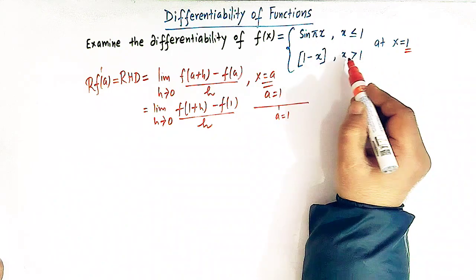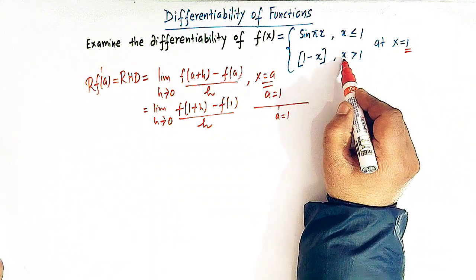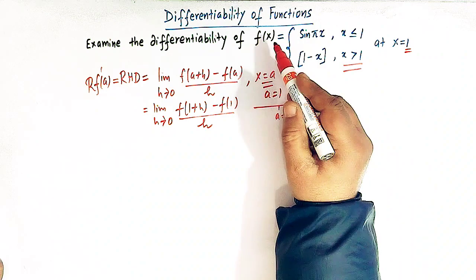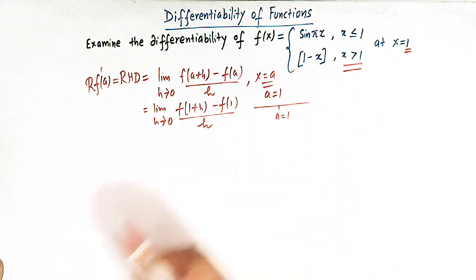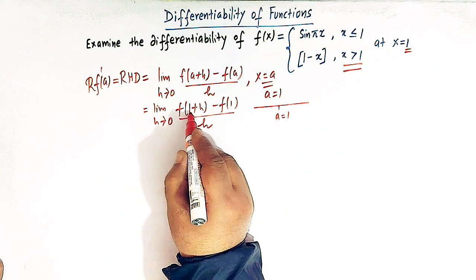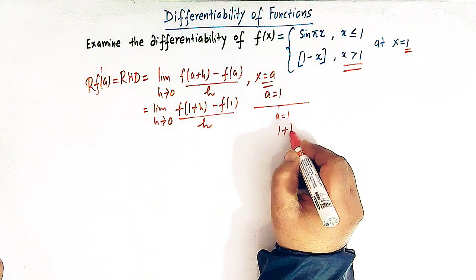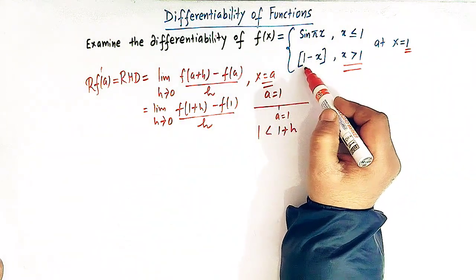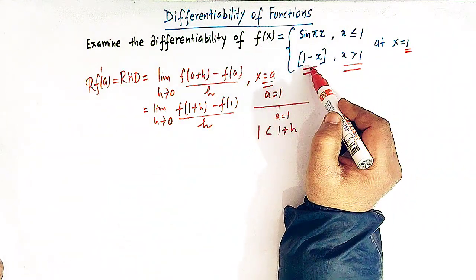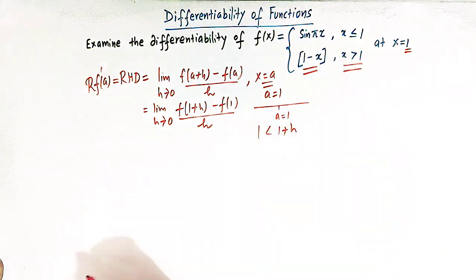And for all values of x greater than 1, the function is defined like that, that is greatest integer of 1 minus x. So f of 1 plus h, because 1 plus h is greater than 1, right? So we have to use this form of the function for x greater than 1.